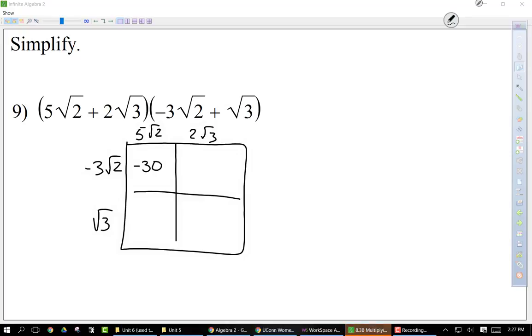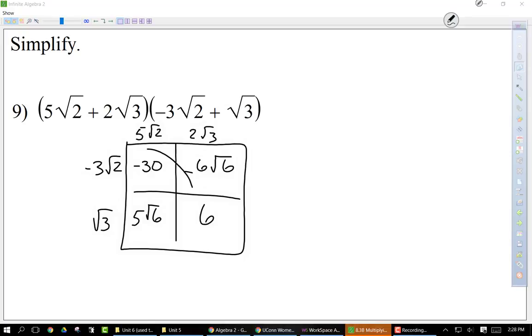If you're not sure, use your calculator. Next one gives me negative 6 root 6. 2 times negative 3 is negative 6, and then 2 times 3 inside the roots is 6. This one gives me 5 root 6. And then root 3 times 2 root 3 gives me 6, because root 3 times root 3 is 3, times 2 is 6.